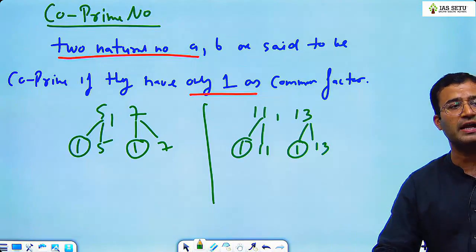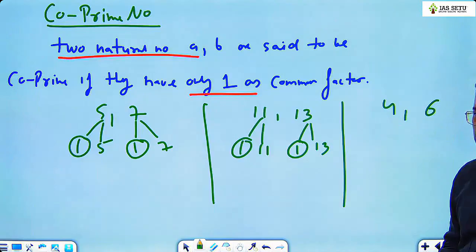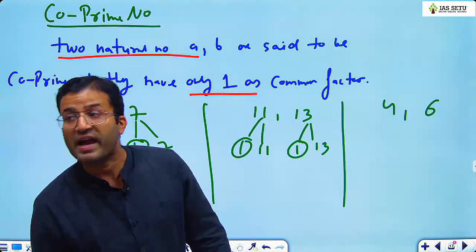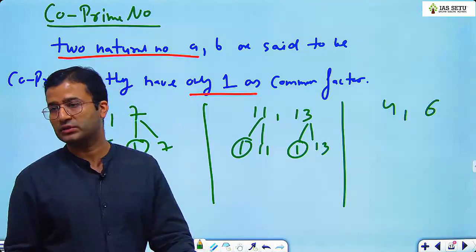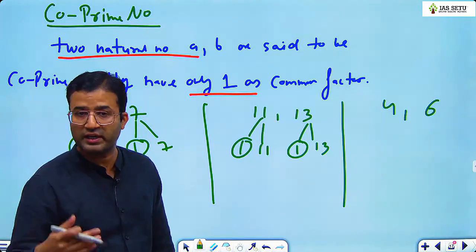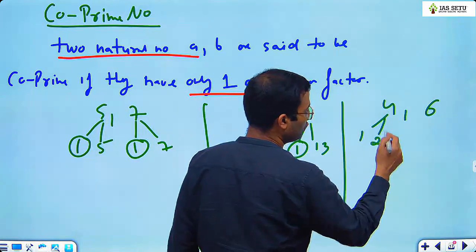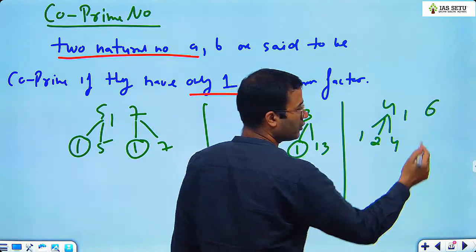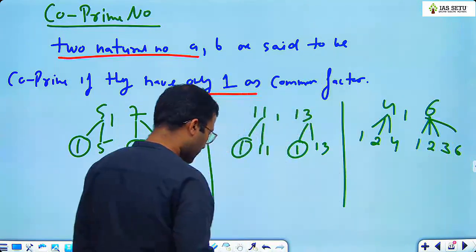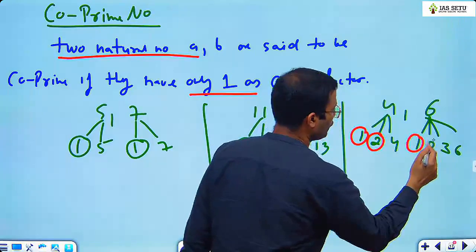I give you one negative example, 4 and 6, so that you have better clarity. ठीक है, नेगेटिव एग्जांपल ज्यादा क्लियर करता है चीजों को कि क्या कोप्राइम नहीं है, क्या कोप्राइम है. What are the factor of 4? 1, 2, 4. What are the factor of 6? 1, 2, 3, 6. What are the common factor? 1 as well as 2.